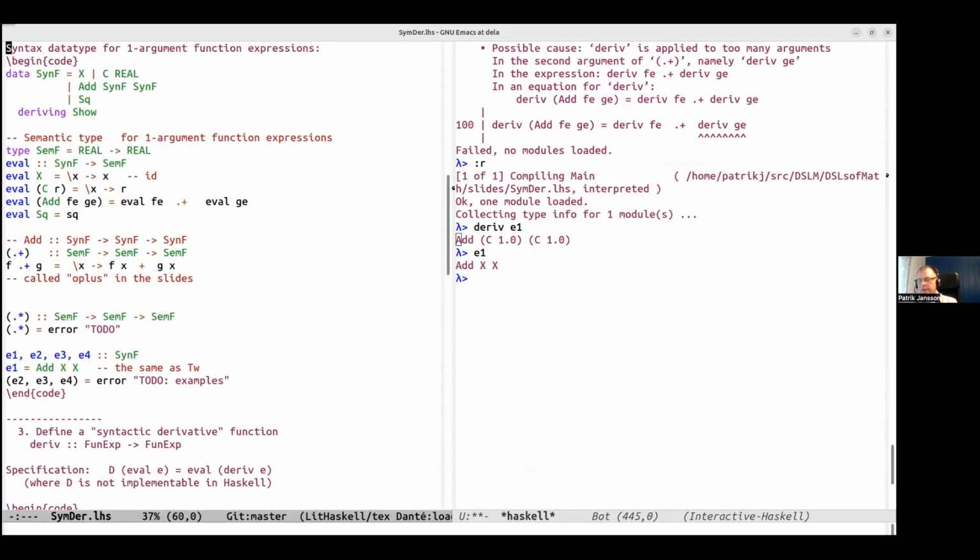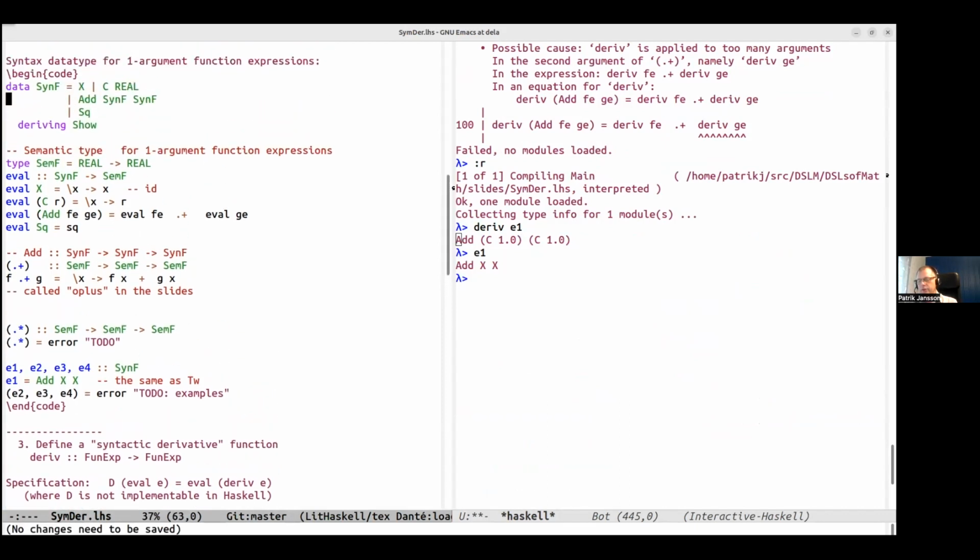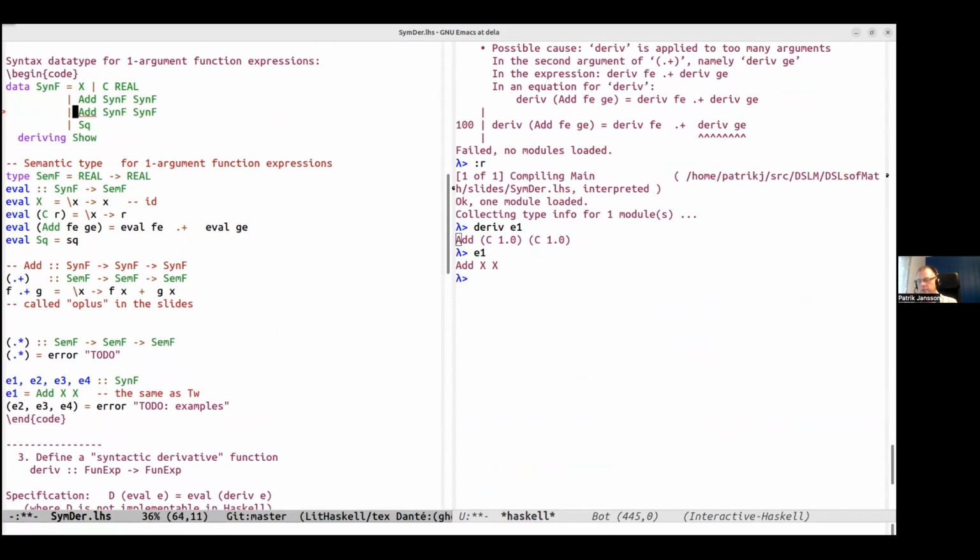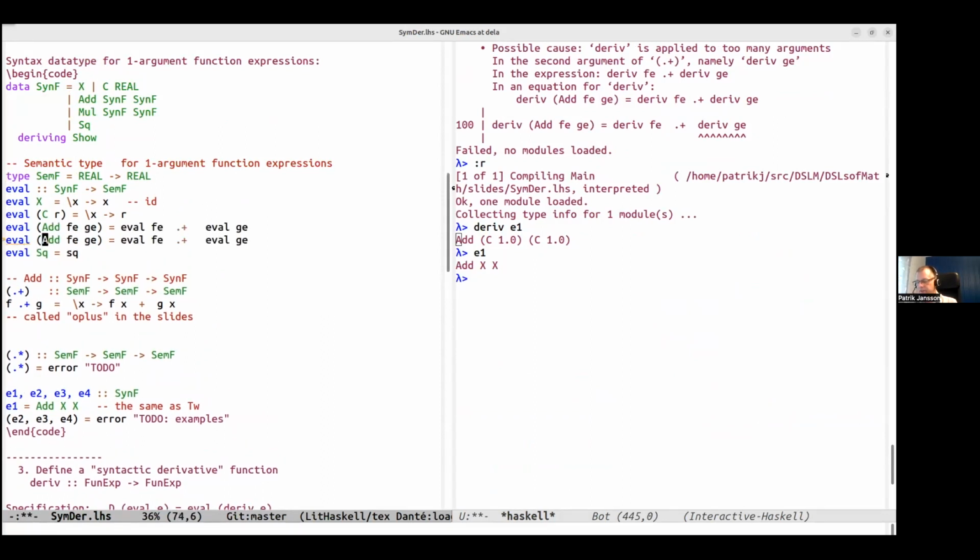Okay, and I mentioned that we would like to have not only addition, but also multiplication. So we can add another constructor, and we can copy this case and write instead mul, and then we need a dot star operator, something very similar to dot plus, and we say a function, so f times g is a function that takes x to f of x times g of x.